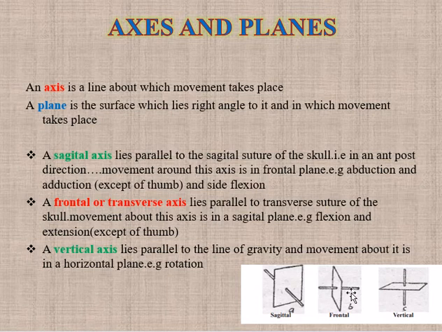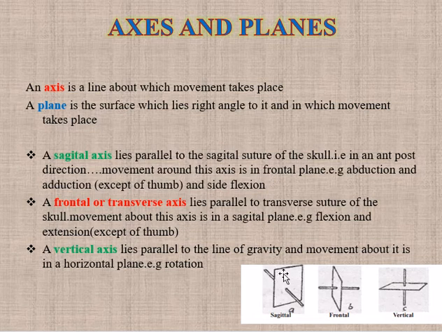Movement about this axis is in frontal sagittal plane. For example, flexion and extension, exception of thumb. And vertical axis lies parallel to the line of gravity, and movement about it is in horizontal plane. For example, rotation.